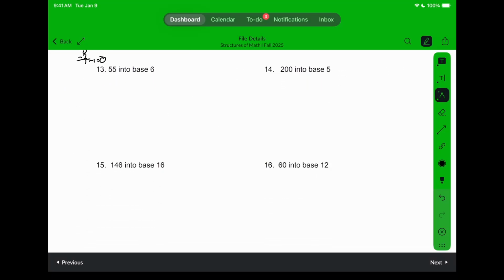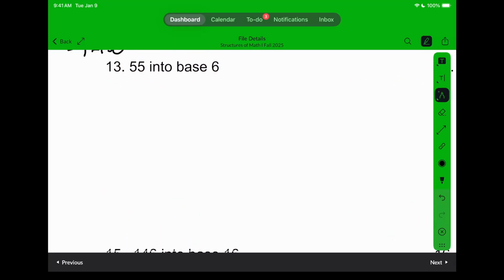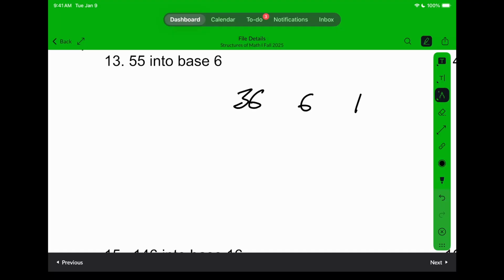All right, 55 into base 6. So base 6, we have our 1, we have our 6, we have our 36. And then 36 times 6 is 216, which is very large. Do not need that. 36 can go into 55 once.